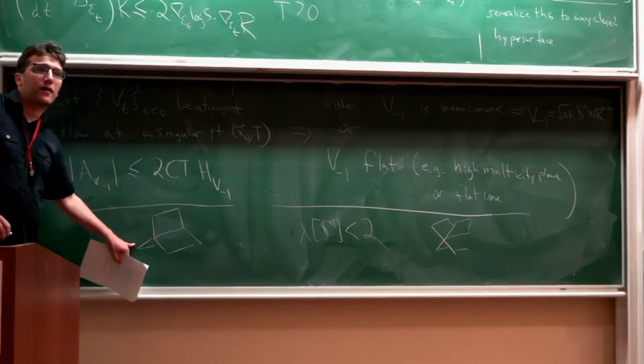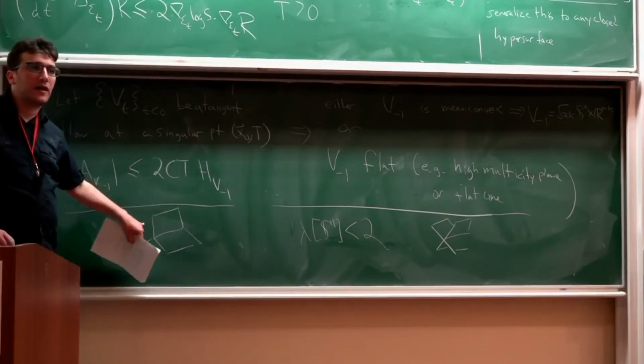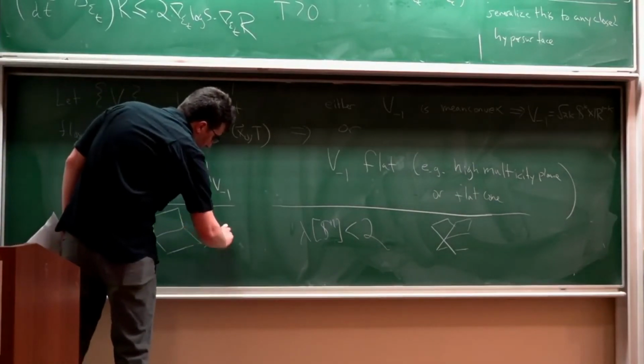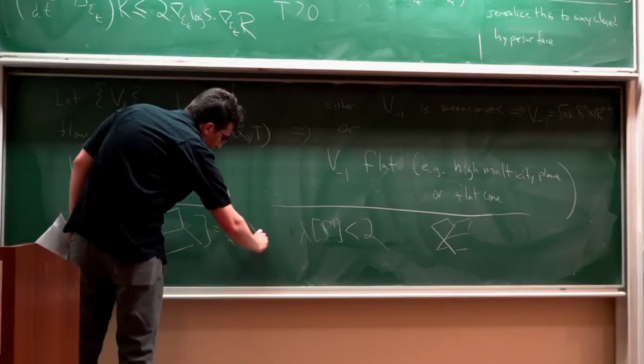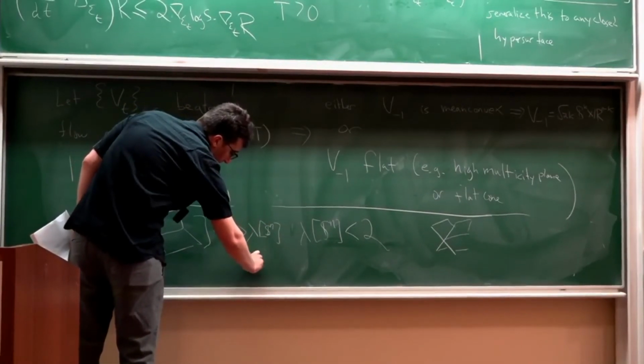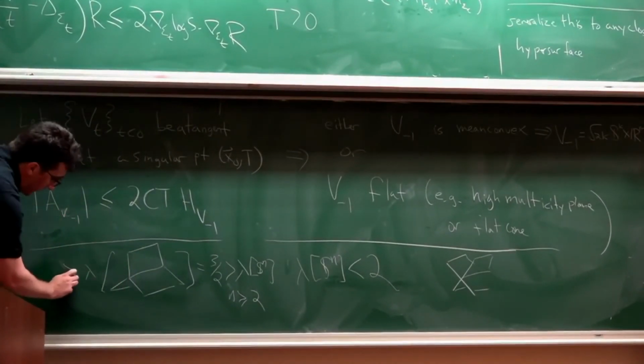That's also a flat cone in principle. This would have entropy 3/2. But it turns out that 3/2 is actually also bigger than the entropy of spheres when n is bigger than or equal to 2. Okay, so S1 is actually less than.